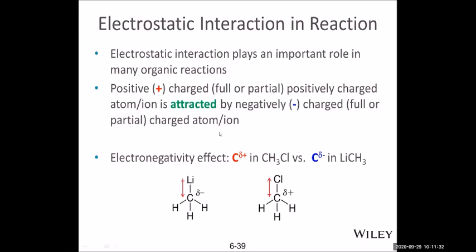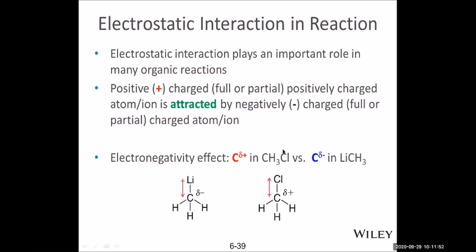If two reaction site locations have the same charge, that makes them very difficult to react. If the two reaction locations have opposite charges, the reaction takes place relatively easily. So it depends on the structure.